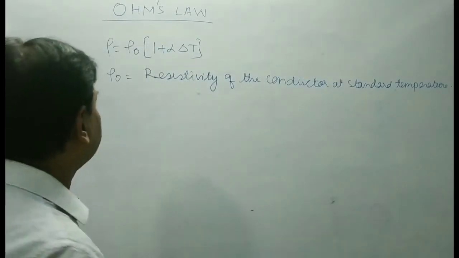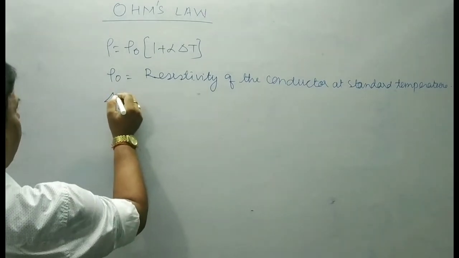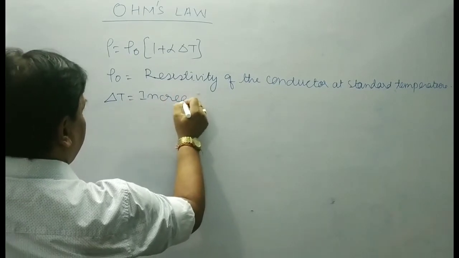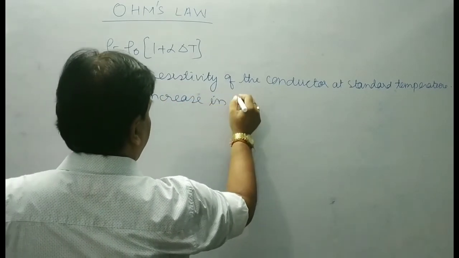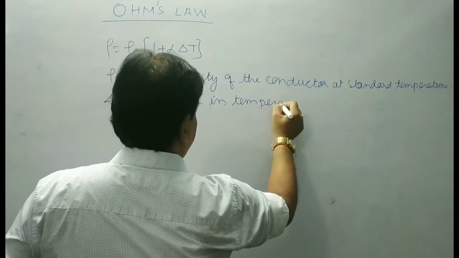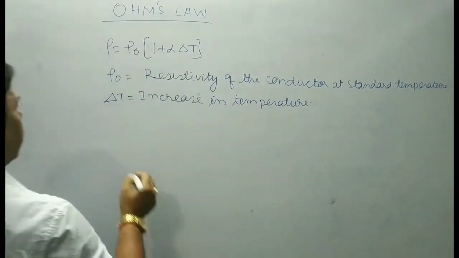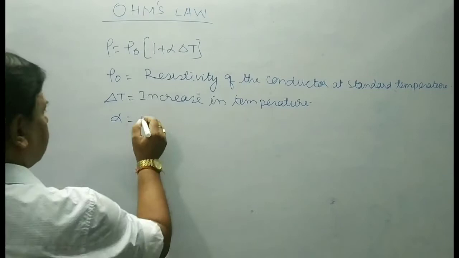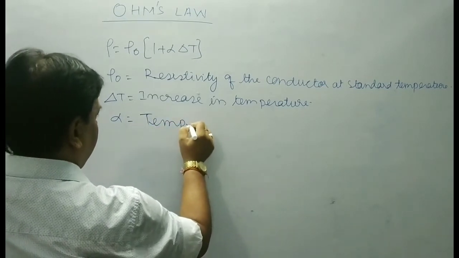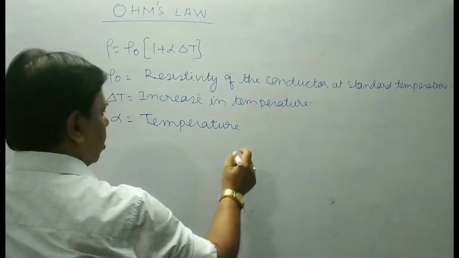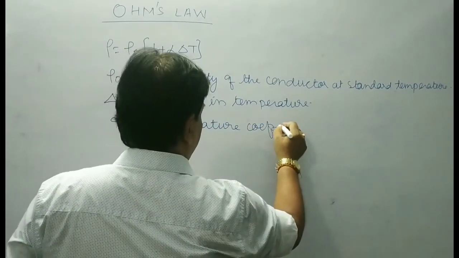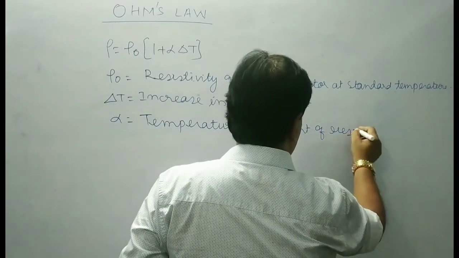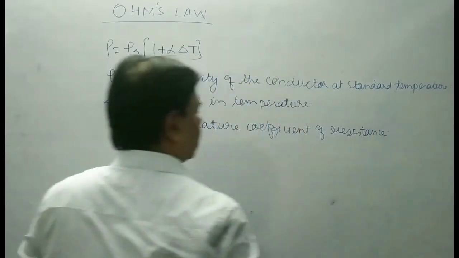Now, delta T is the increase in temperature. Alpha is the temperature coefficient of resistance.